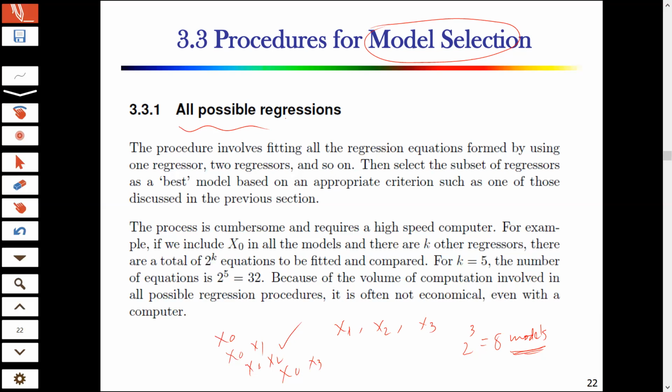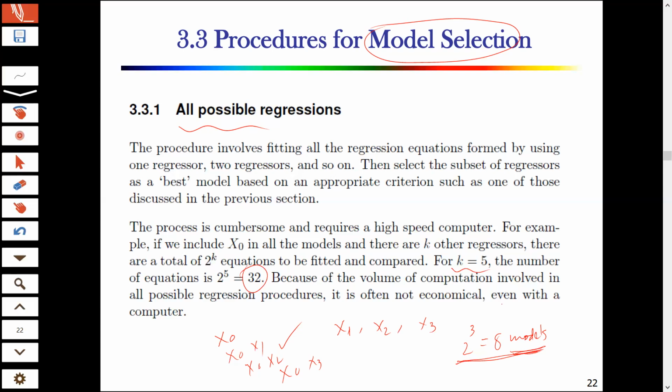For example, if we include X0 in all of the models and there are k other regressors, there will be 2 to the power k equations to be fitted. In the previous example, we have 8 models. If k equals 5, the number of models should be 32. Because of the volume of computation involved in all possible regression procedures, it is often not economical even with a computer. For example, here we need to compute all of the 8 models, compute all of the criteria, and then select the best model.